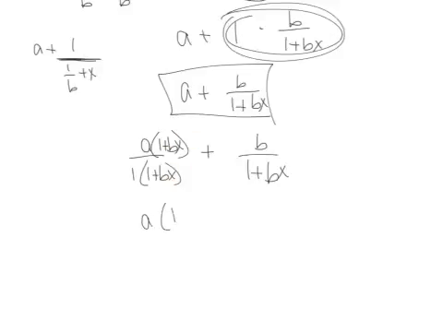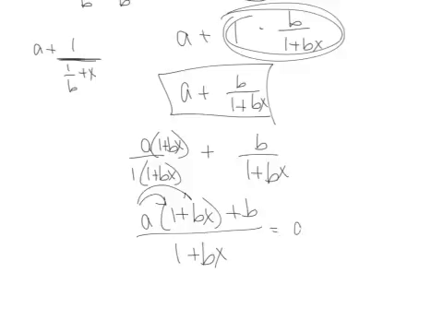A times 1 plus bx plus b over 1 plus bx. I'm going to distribute, and that gives me a plus abx plus b over 1 plus bx. Okay, so that's it for the first example.